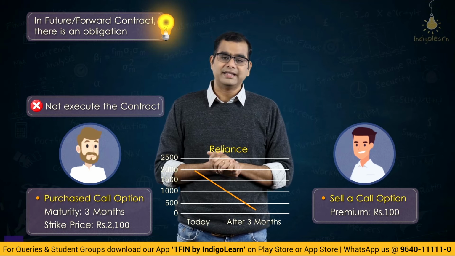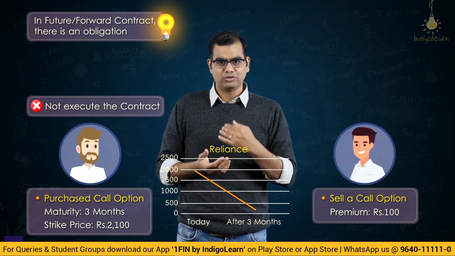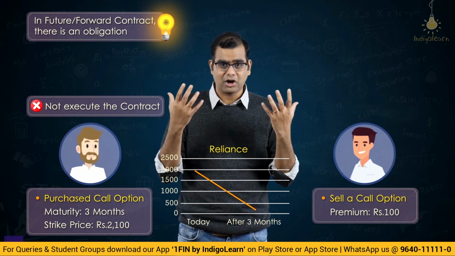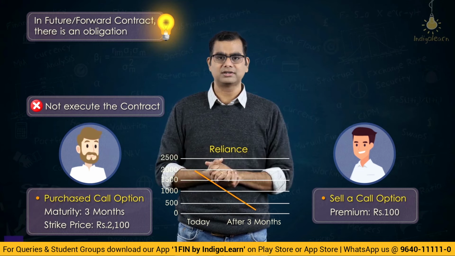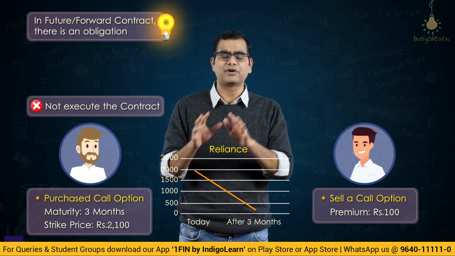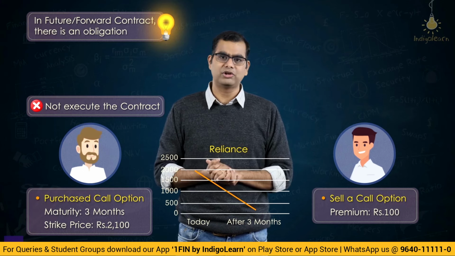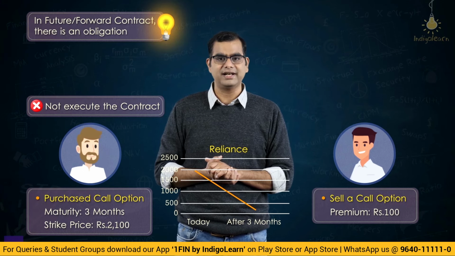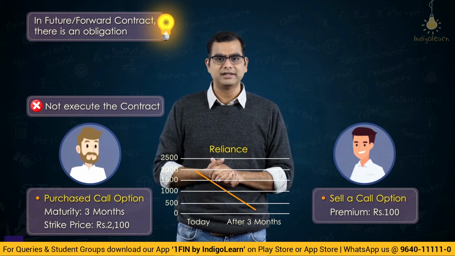Correct? Just like I have explained to you right now what a call option is and how a buy call works, the other side also understands all of this. That is, the person from whom you are buying the call also knows this whole story. You are not the only smart guy who is studying SFM in CA, right? There are so many other people who have studied.